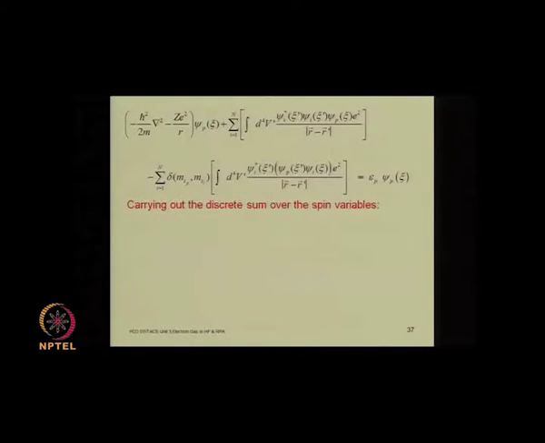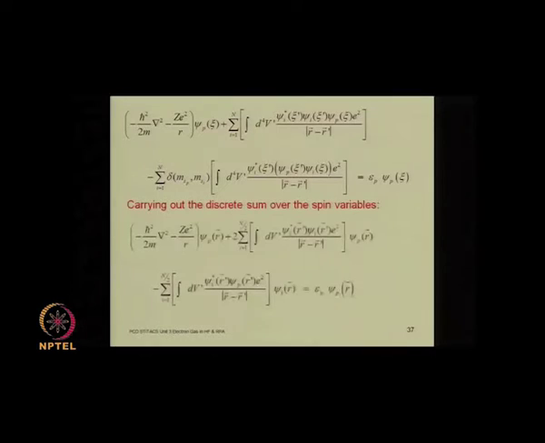When you carry out the discrete sum over the spin variables, you will have twice i going from 1 to n by 2, because there is no spin dependent term in this operator here. So, notice that the sum over i which went from 1 to n now goes from 1 to n by 2, but you have a factor of 2 over here for the Coulomb term.